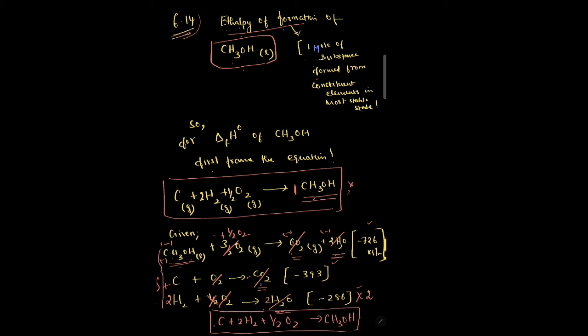Now the point of getting this equation is that the same addition and subtraction we have done to the equations, we will do on the delta H values also. So 2 times minus 286, plus minus 393, minus of minus 726.